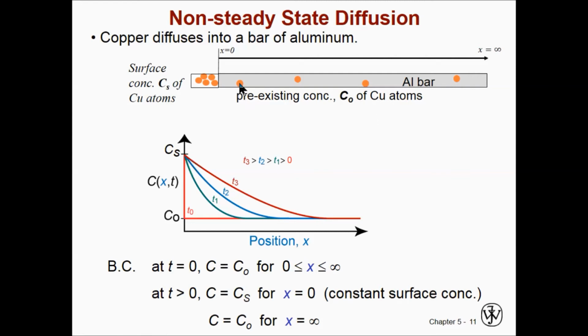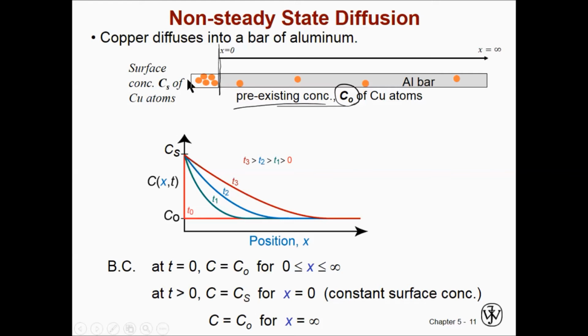If you measure these atoms over here, which were there before diffusion as an impurity, we will call this C0, the initial concentration of copper, or pre-existing concentration of copper in aluminium. Again, this is the surface where x will be 0. When we go below the surface deeper, x goes toward infinity.